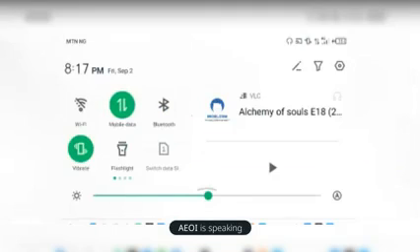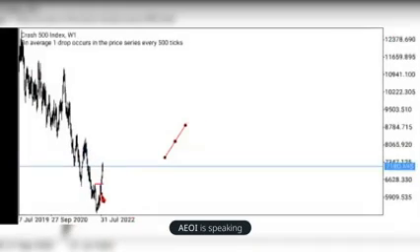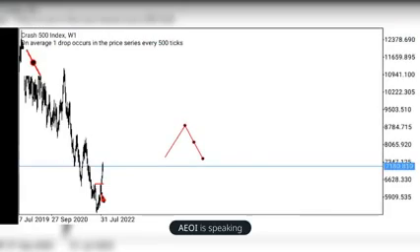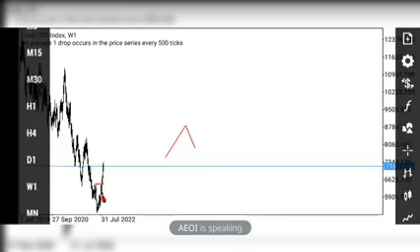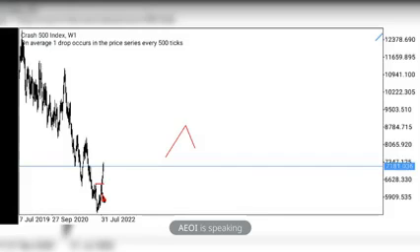I will just draw it perfectly so that we can quickly move ahead with the class. So price is in an uptrend. Price kept moving up, kept creating a series of higher highs and higher lows. Are you with me, please? Yes, sir.